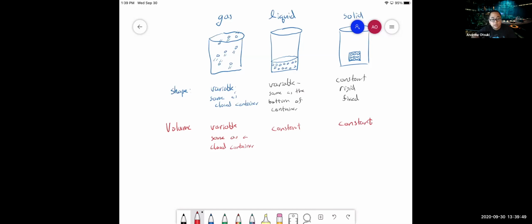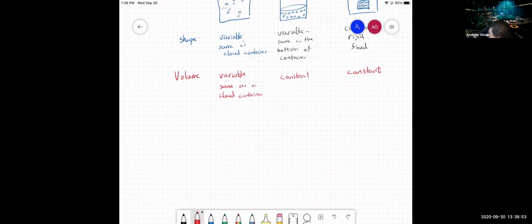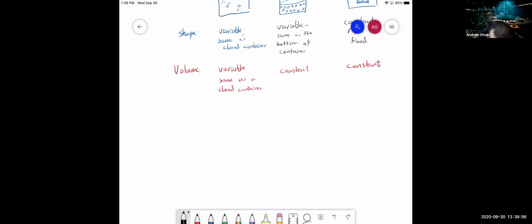Okay, so this is just basically a summary of all our ideas here. So let's talk about particle movement. So particle movement for gas.